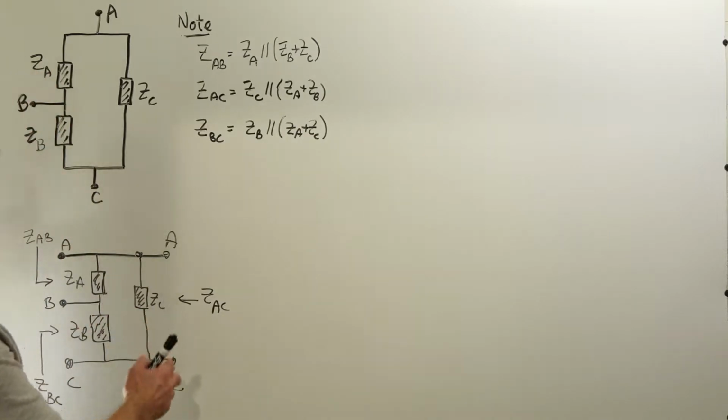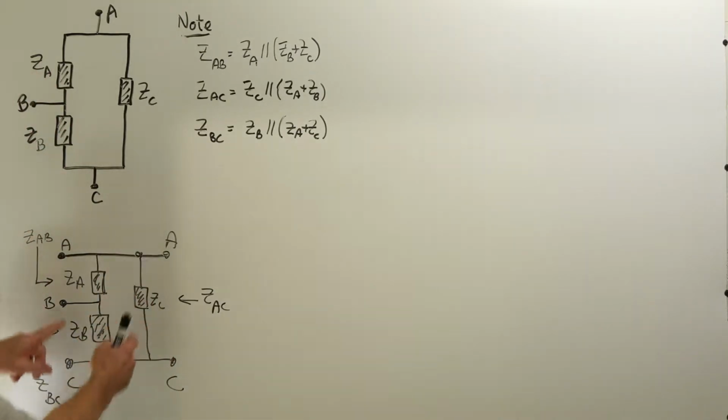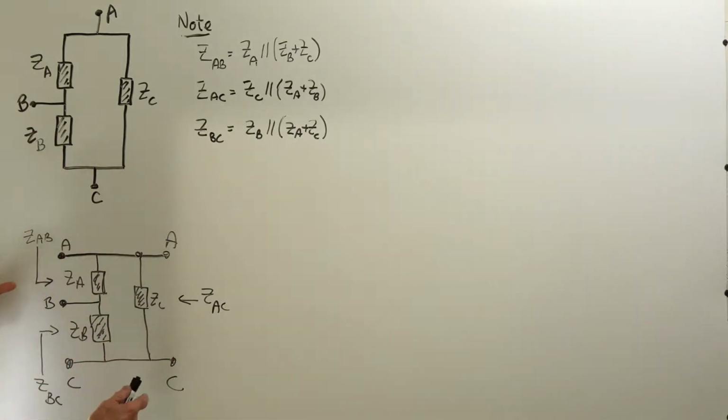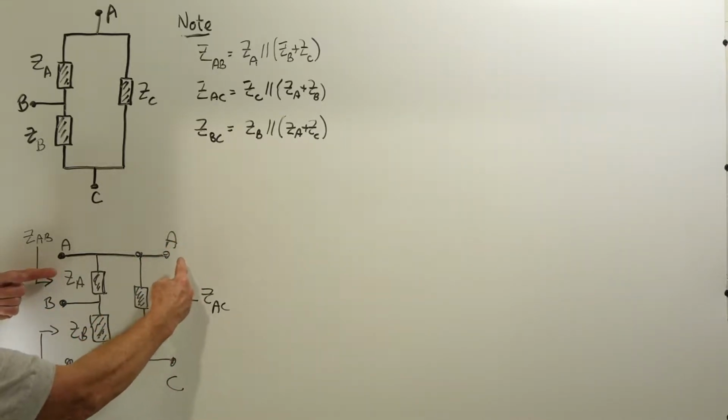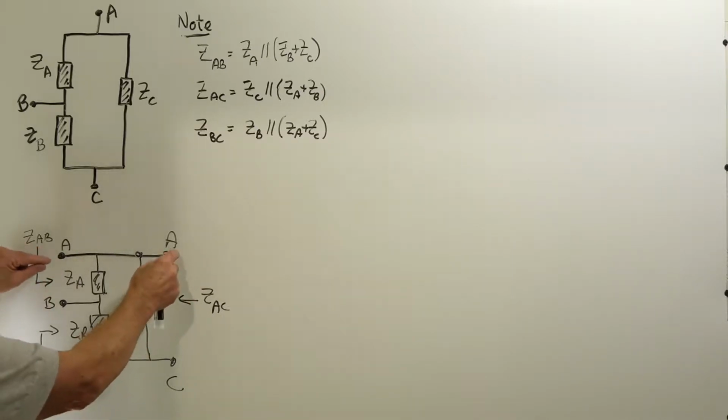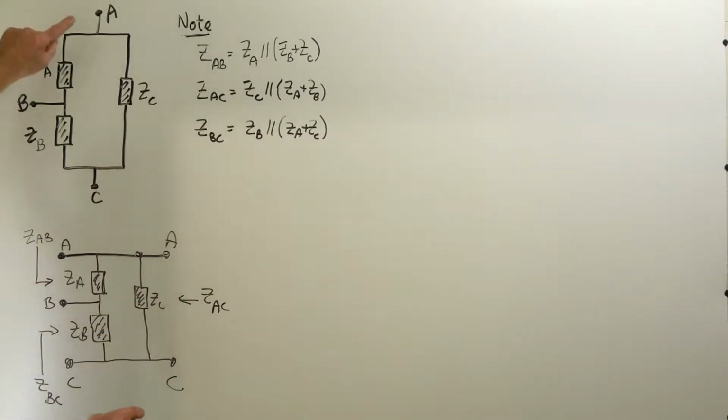So what I had access to is nodes A and B, and looking into nodes A and B, measuring the impedance with nodes A and C open circuited. I could disconnect these three nodes, but I couldn't separate the resistors out.